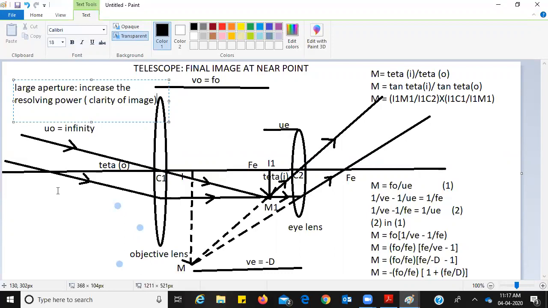It's very minute and you can't see it with the eye, but more clarity will tell you it is a real gap. Don't use an ink pen, because the ink will spread and fill the gap and it will be continuous. Only use a ball pen. That's the meaning of clarity. So a large aperture can help in increasing the clarity of the image, meaning the resolving power. That's what I missed over there.